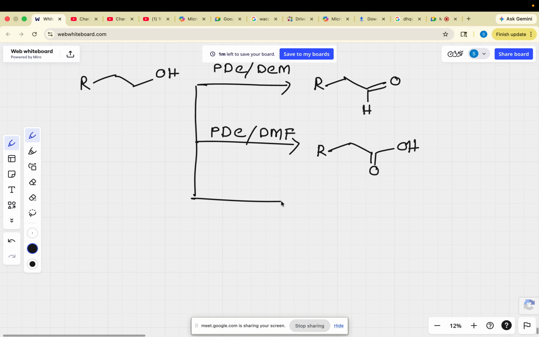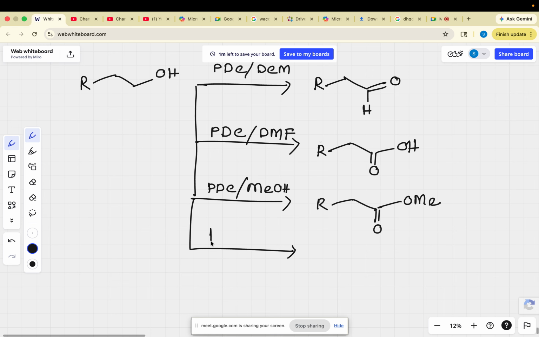If you use PDC in the presence of alcohol, suppose methanol, then you will get an ester. So double bond O, and the methanol gives OMe. If you have liquid ammonia, then I will get double bond O NH2, an amide.